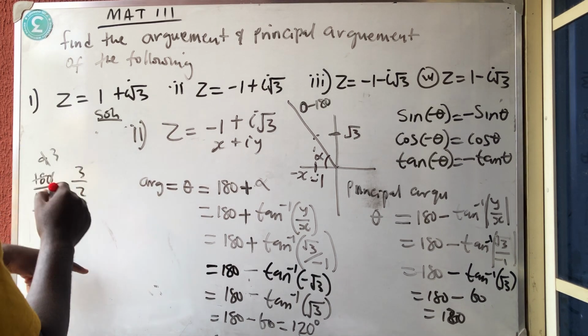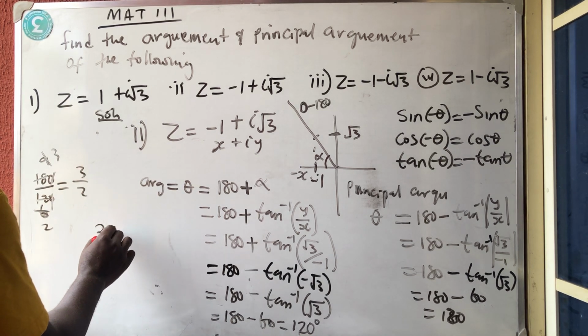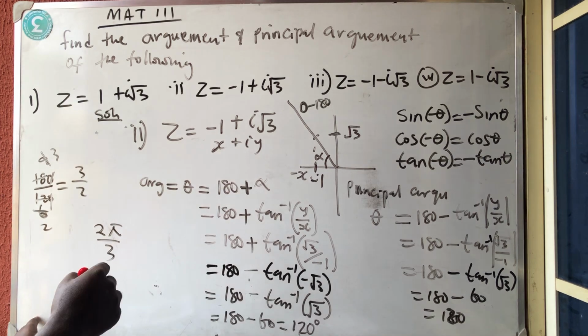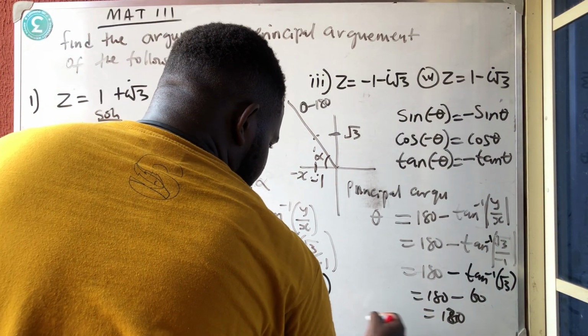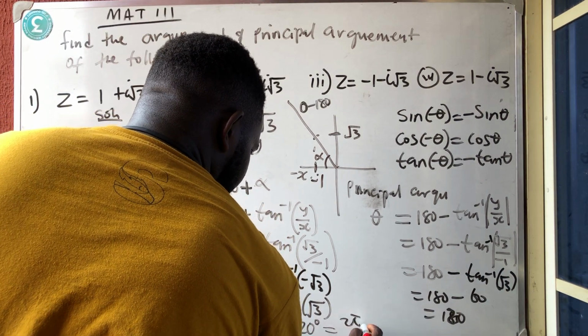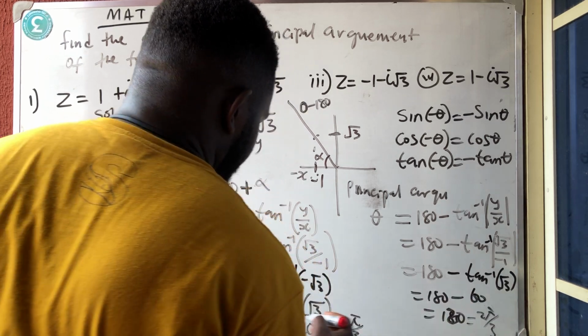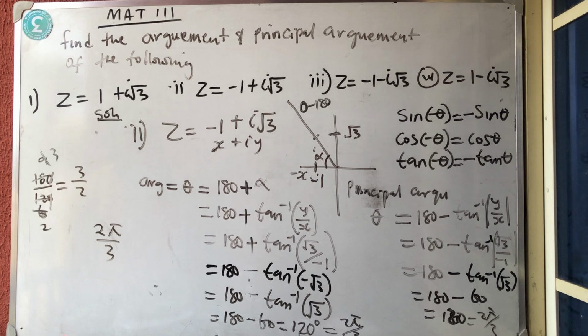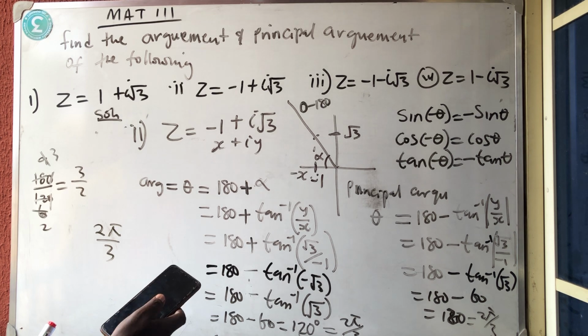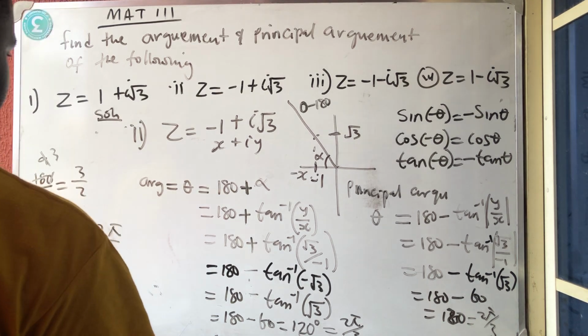Turn it upside down to become 2 pi over 3. You have to turn it upside down. So this is 2 pi over 3. You can check it by yourself. It is correct. Pi is 180. 2 times 180 is 360, divided by 3, you're having 120, correct? So that is that.